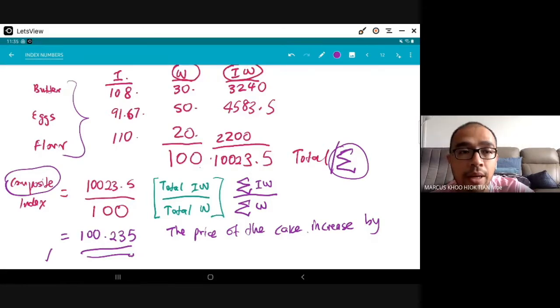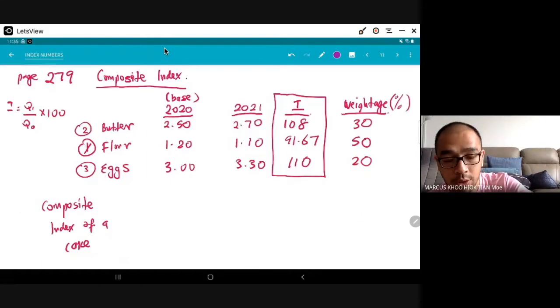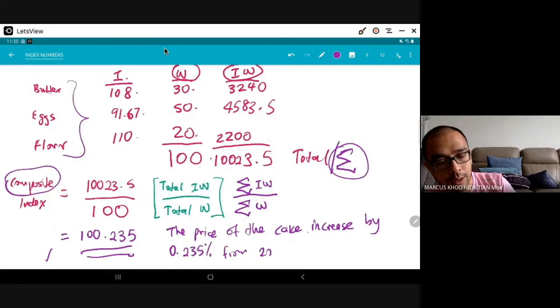Minus 100, right? So how much? 0.235%. Very good. 0.235% from what year to what year? 2020 to 2021.